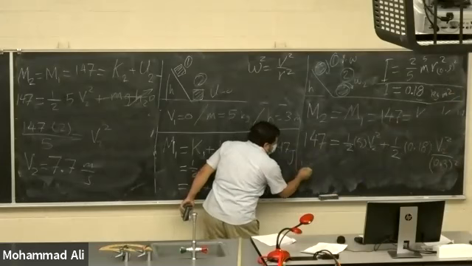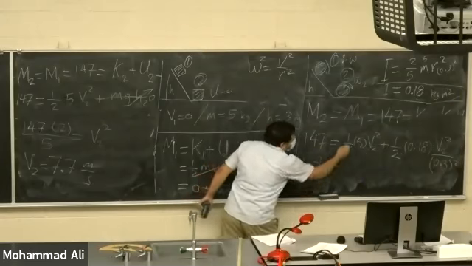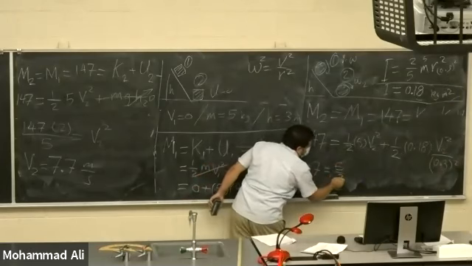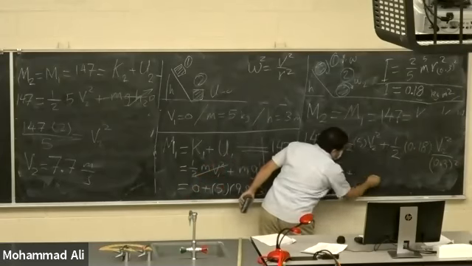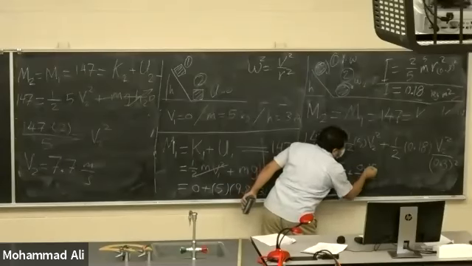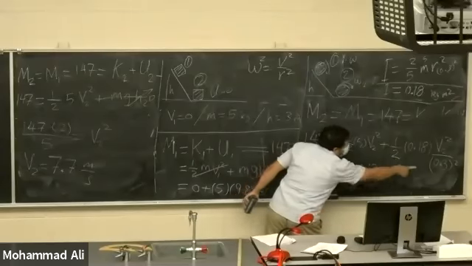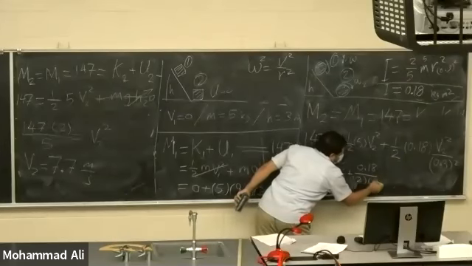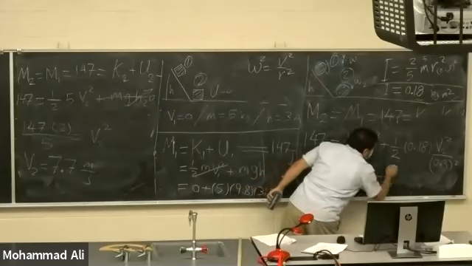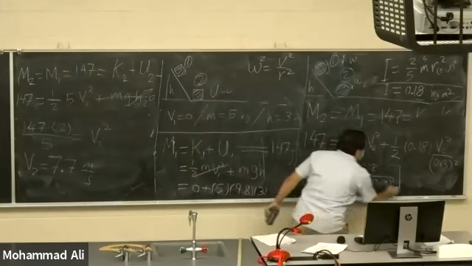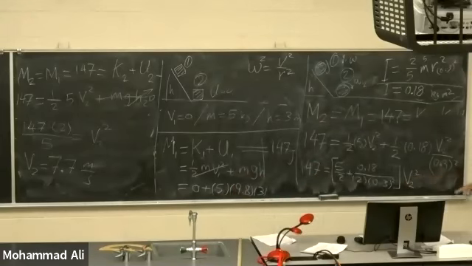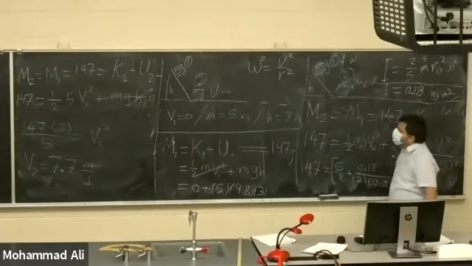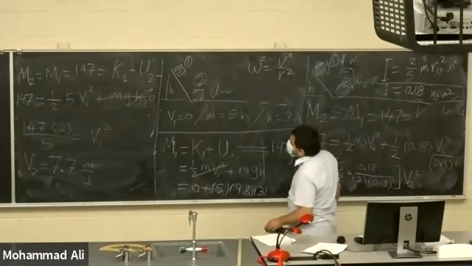Now 147 is equal to 5 over 2 plus 0.18 over 2, and 0.3 squared, all of them multiplied by V2 squared. Now I can find V2 squared.